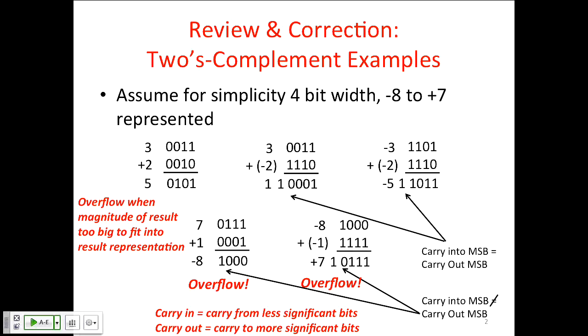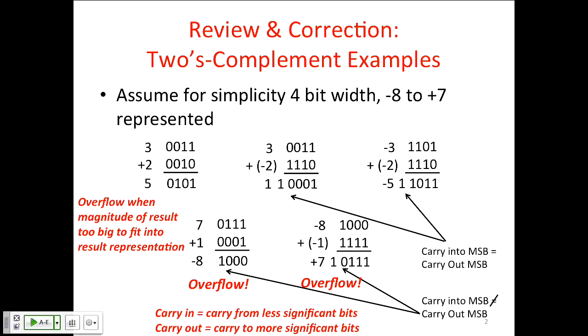Computers often work in fixed-size chunks, fixed words, and they can only fit a finite set of numbers. And if you try and store a number that's bigger than fits in that register or word, it's going to overflow. Last time we said underflow. That was a mistake. What we should have said is overflow in both cases. Whether the number is too big positively or too big negatively, it's still overflow.